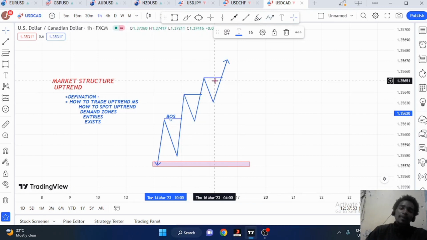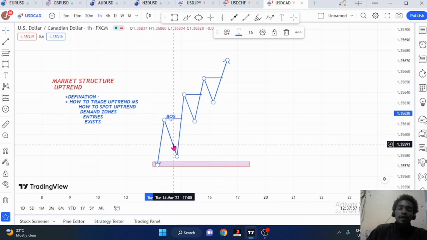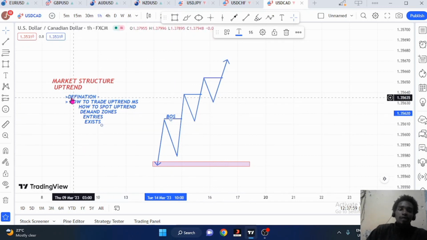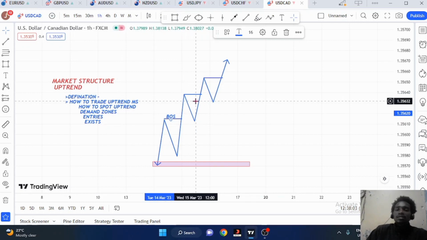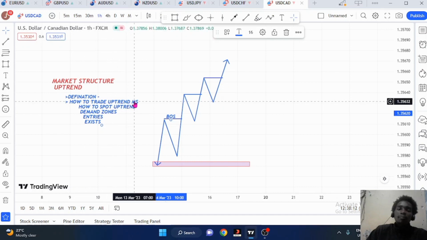Now, I am done with the definition. For you to be in a position to trade these markets, first of all you must know how to trade uptrend market structure.